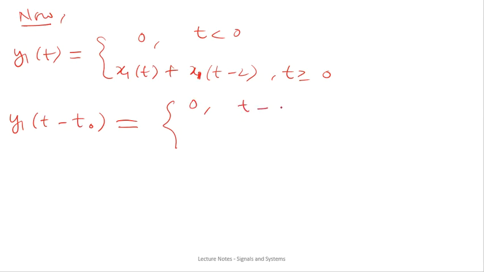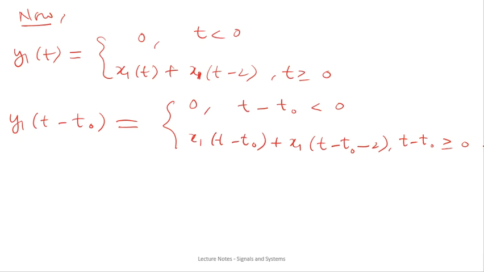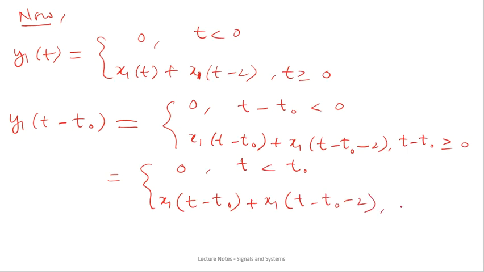In place of t you can just put t minus t0, here as well as here. Now you can simplify this expression: zero for t less than t0, and x1(t minus t0) plus x1(t minus t0 minus 2) for t greater than t0.